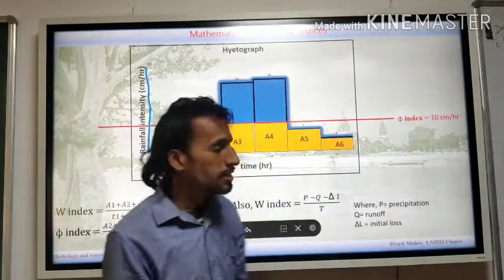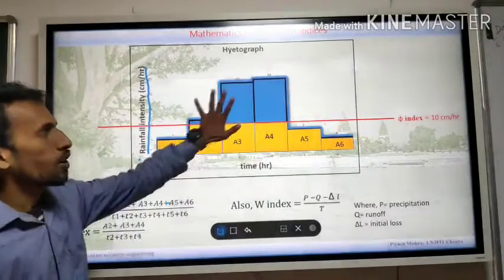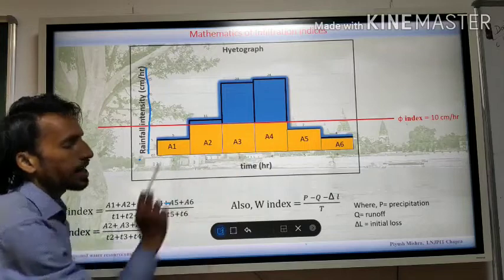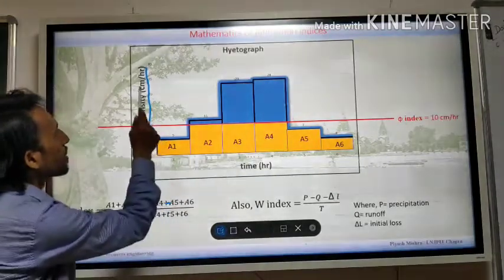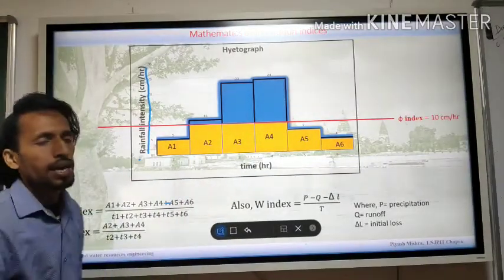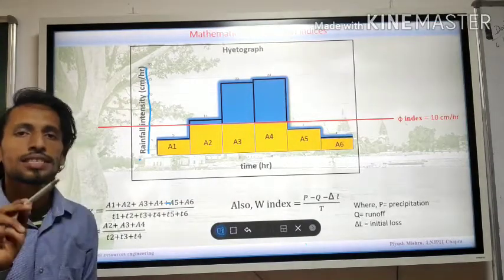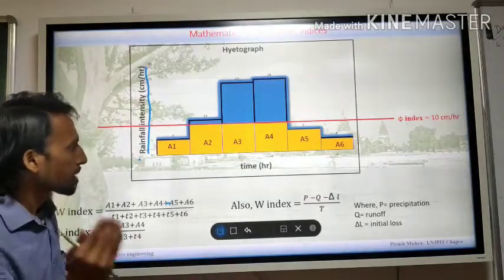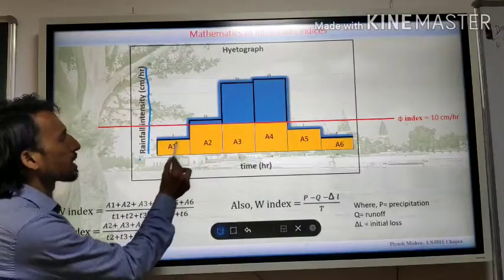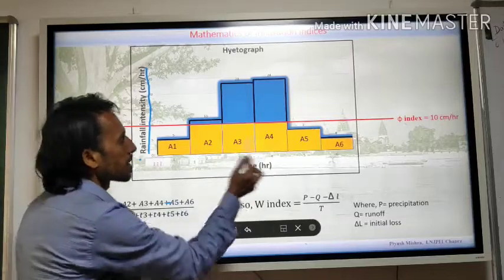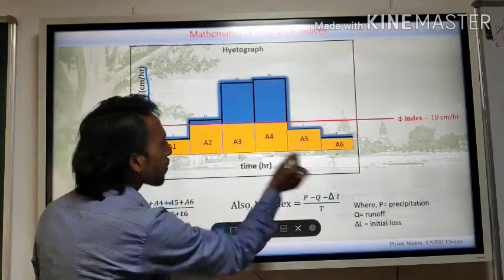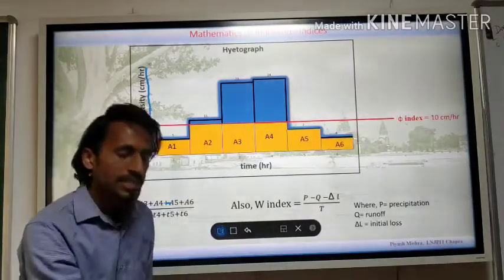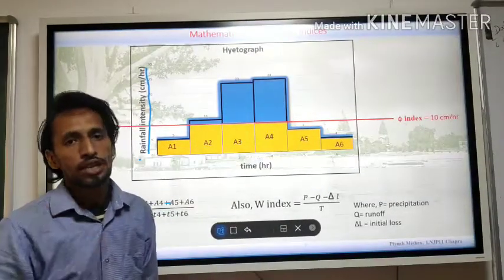How to calculate this? Very simple. You draw this graph, then you take these areas. What will this area give? Centimeter per hour multiplied by hour is centimeter, which is nothing but rainfall, or unit of water, or precipitation. So these areas give the amount of water which is going inside the earth, which is your infiltration.